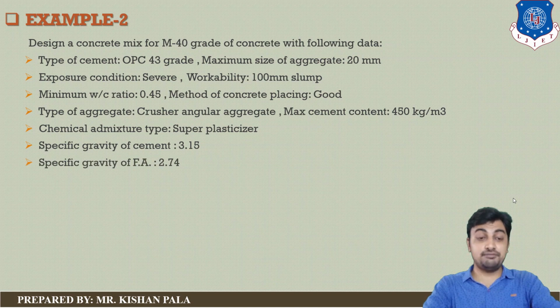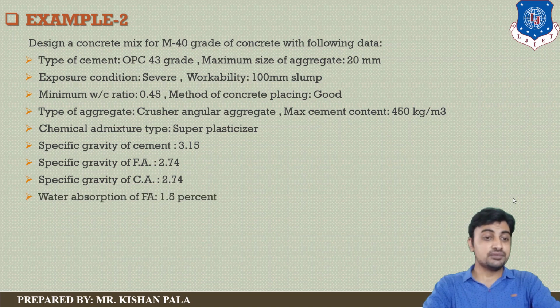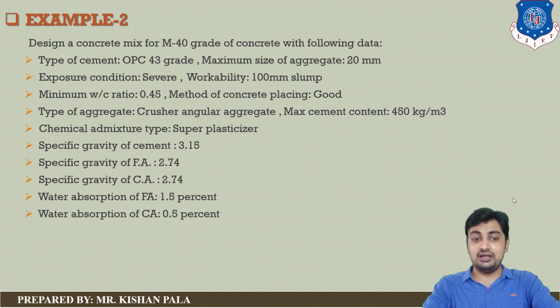Chemical admixture type is superplasticizer, specific gravity of cement is 3.15, specific gravity of fine aggregate is 2.74, specific gravity of coarse aggregate is 2.74, water absorption of fine aggregate is 1.5 percent, and water absorption of coarse aggregate is 0.5%.